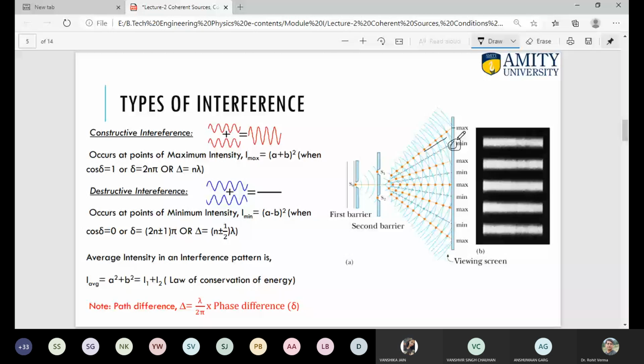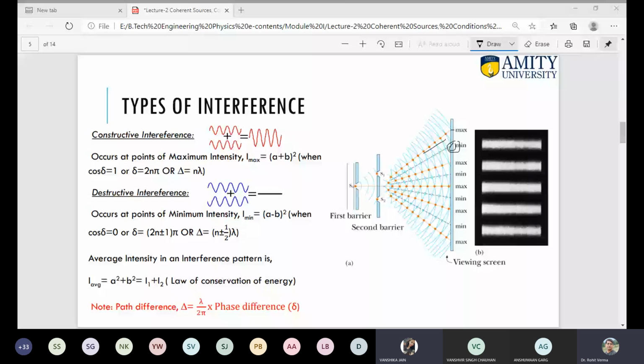Yes. In transmitted light, why have we equated the maximum equation with n plus 1 lambda by 2 and not by n lambda? In case of transmitted light, the conditions which I dictated in the previous class, have you noted down that condition? Yes, sir. So just do that. Don't see the PDF. You have calculated in the transmitted light case that 2 mu t cos r is the path difference.